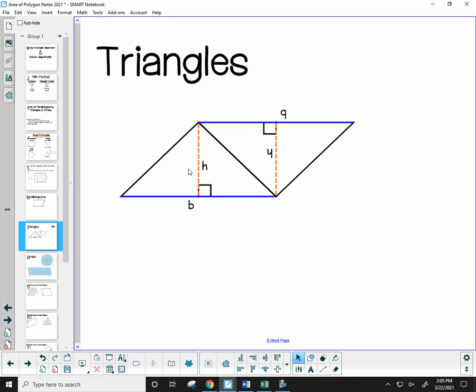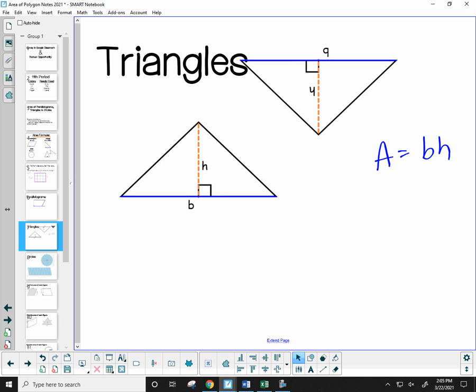How do we find the area of a parallelogram? Base times height. But I don't want 2 of them, right? I only want 1 of them. So I've got to cut that area of the parallelogram in half. So either divide by 2 or multiply by a half, either way. Is that okay? All right, again, you've probably seen that before.